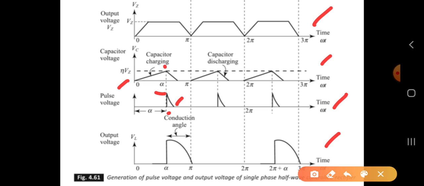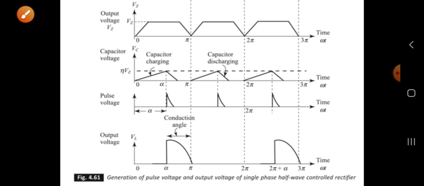This pulse is continuously generated; charging and discharging of the capacitor is continuously going on. When the pulse is generated, you can get the output voltage across the SCR like this. This is the waveform generated in the UJT triggering circuit, and by using this we can turn on our SCR.